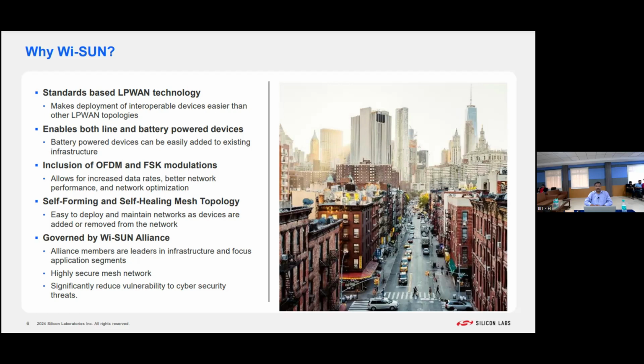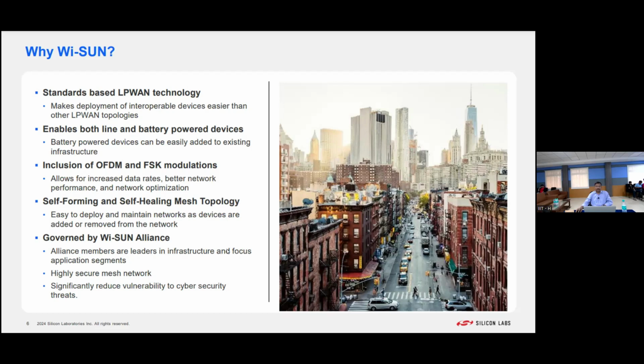Similarly, the Wi-SUN Alliance has a lot of security features built in for the mission critical network assets in the network trying to communicate to the cloud. That's where the main feature of cyber security threats are addressed in the Wi-SUN architecture.